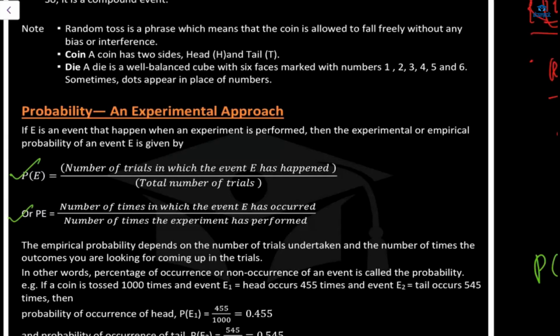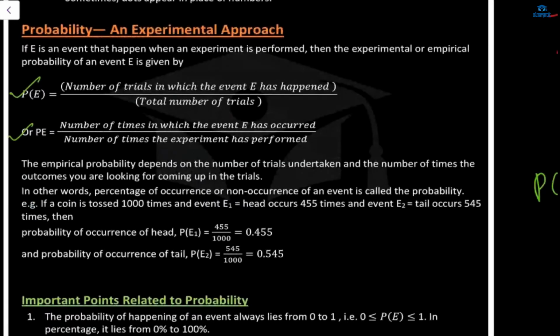If I'm asking about the event of getting a head, how many times in these 5 trials has E occurred? If I'm telling you in the second and fourth trial E has come, head has come, so 2 times the head has occurred. So 2 upon 5. Have you understood what is probability and how we are going to find it?